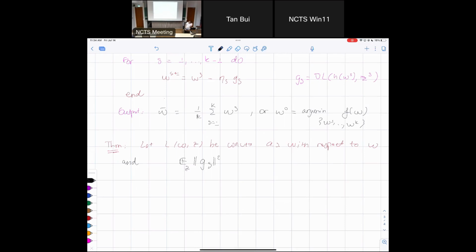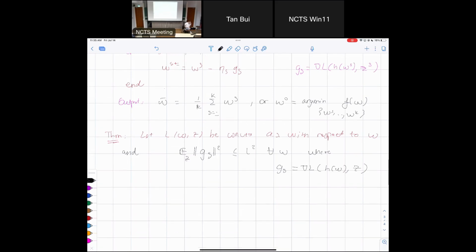So the second moment of the gradient, that's what we assume, is less than or equal to L squared for all W, where remember that GS is equal to the gradient of the loss functions at h(W, Z). So if you take the expectation with respect to Z of the square of GS, we assume that it is finite.